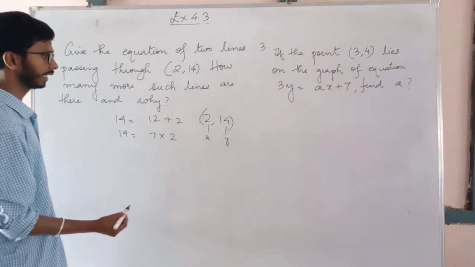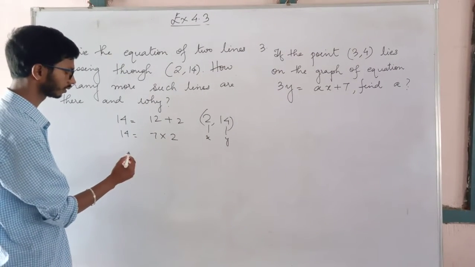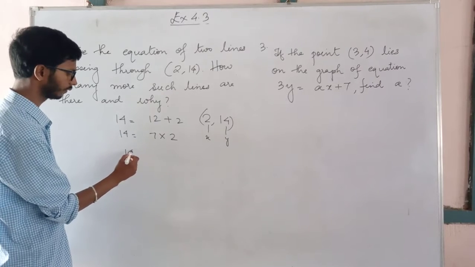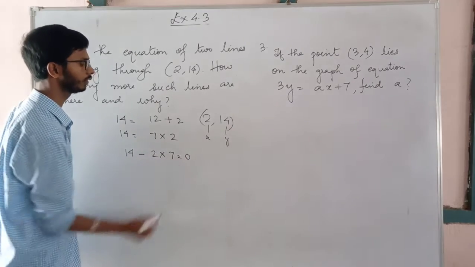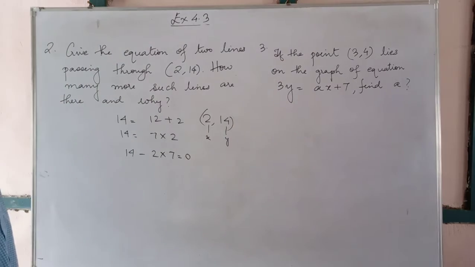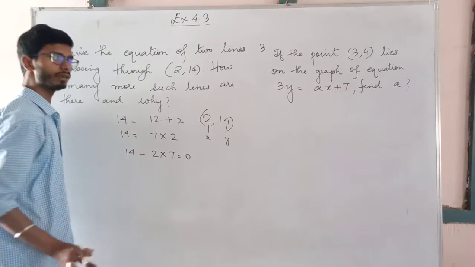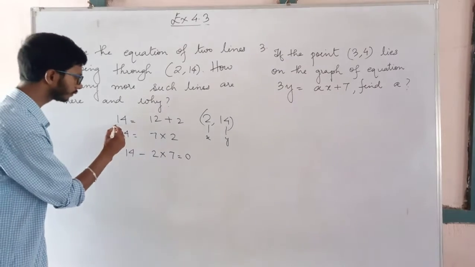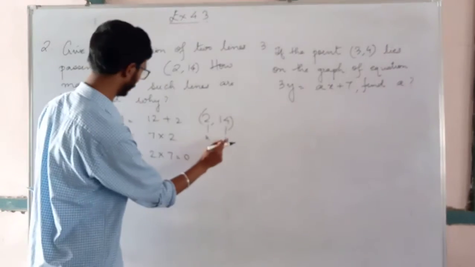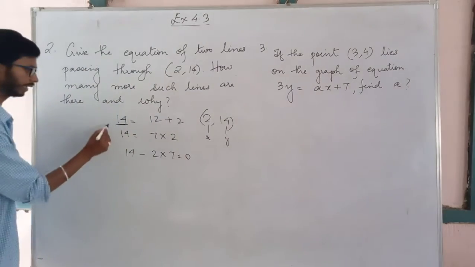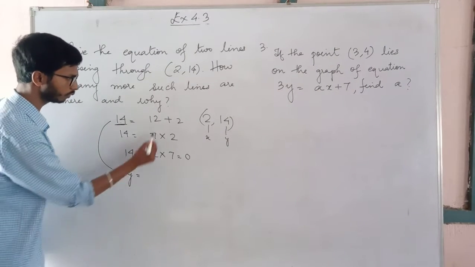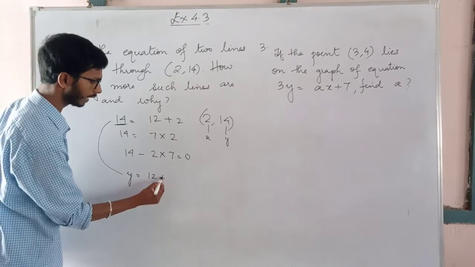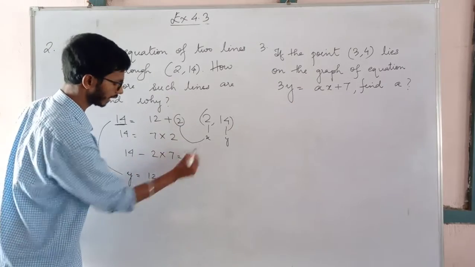or we can write like this: 14 minus 2 into 7 equal to 0. So like this we can write as many as we want. Now, what was our 14? 14 was y, so y equals 12 plus, what was our 2? x.